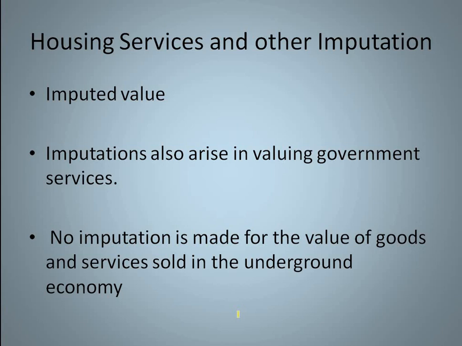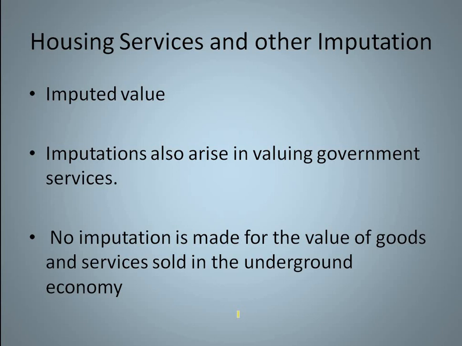Because the imputations necessary for computing GDP are only approximate, and because the value of many goods and services is left out altogether, GDP is limited. In other words, GDP is an imperfect measure of economic activity.